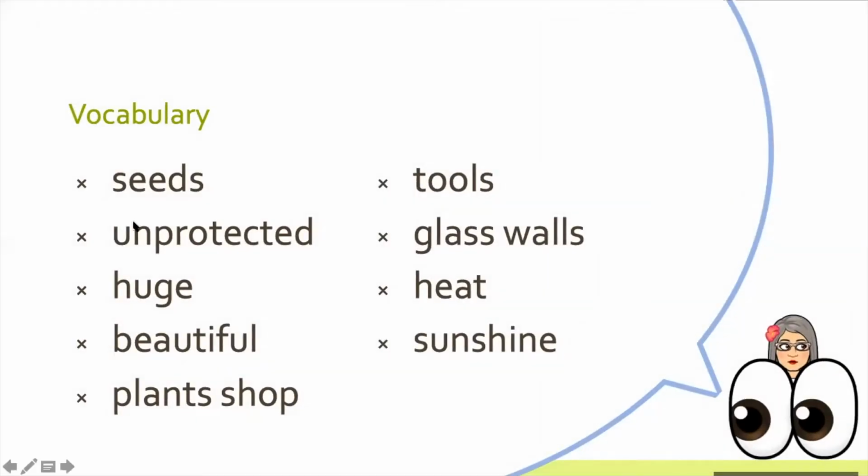Vocabulary: seeds, unprotected, huge, beautiful. Plants, shop. Tools, glass walls. Heat, sunshine. Again, repeat after me.